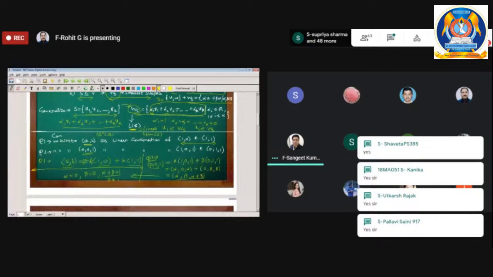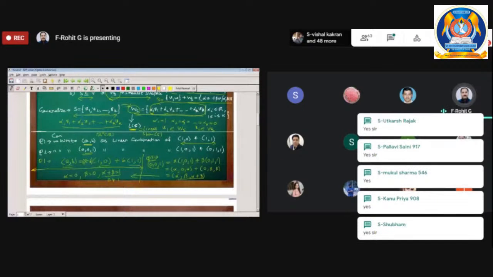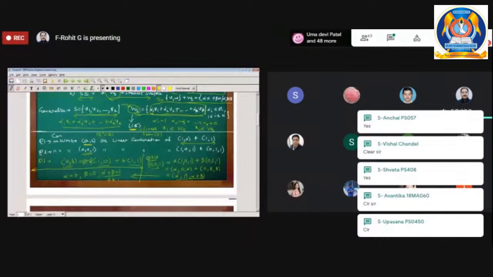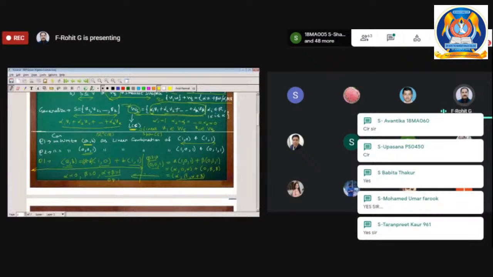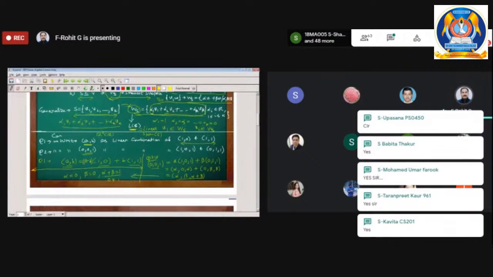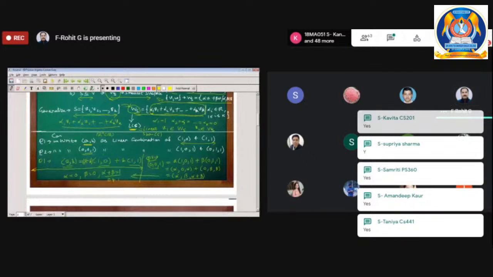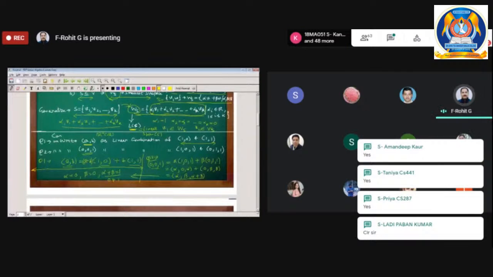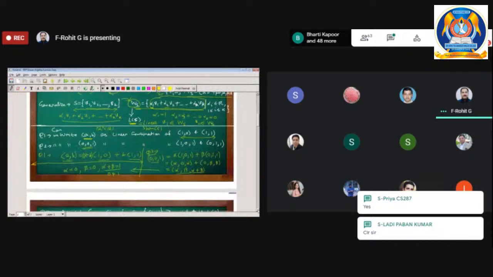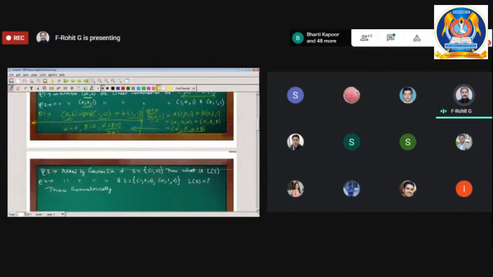So students, you have seen in these two questions that sometimes we are able to write an element in the form of a linear combination of other elements, and sometimes it's not possible, just like in question number 2. Now I will move toward the question asked by Gaurav sir.